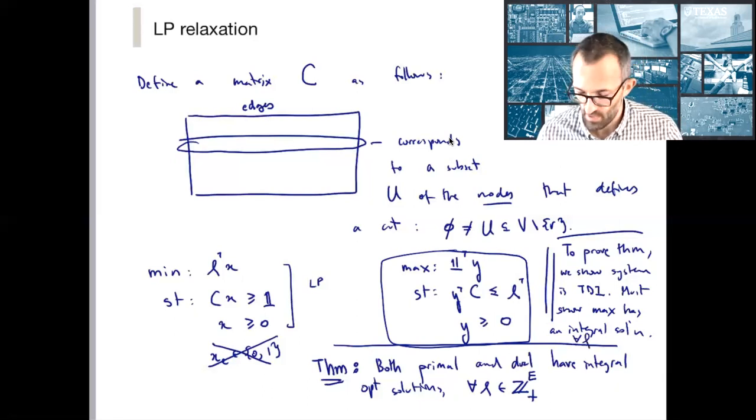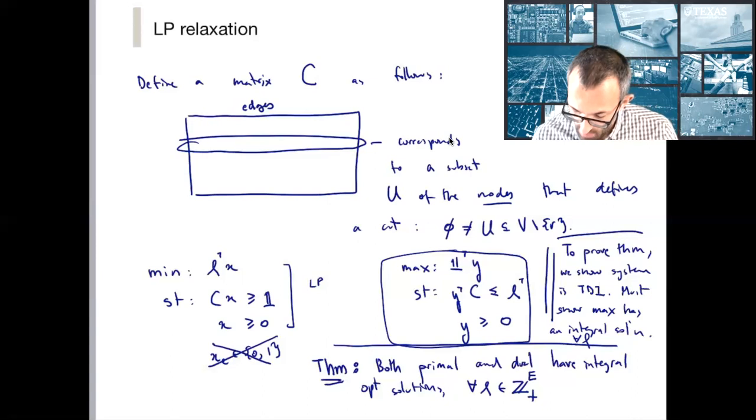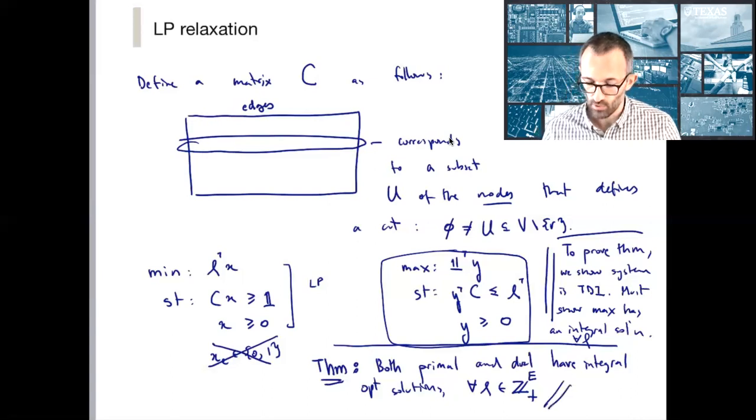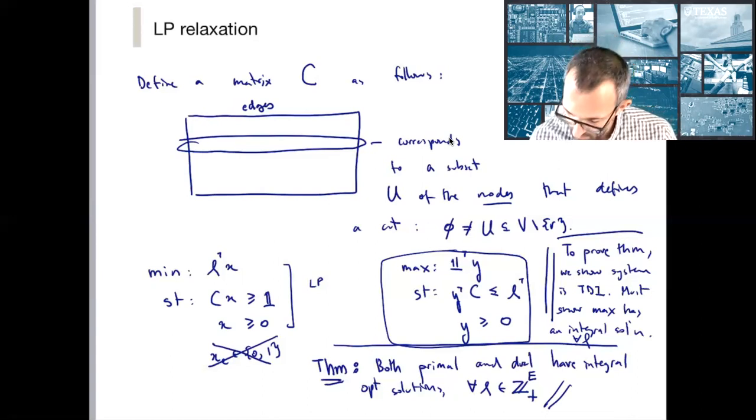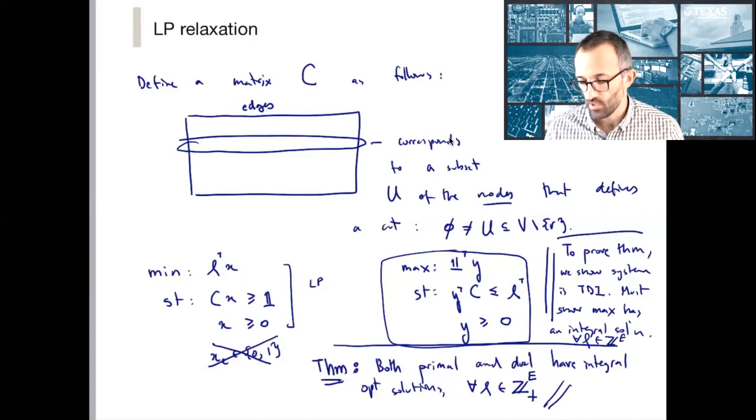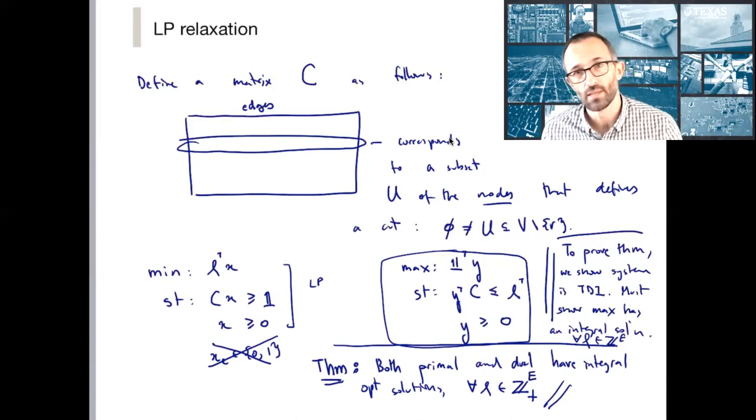Now note one point here. If you recall TDI, I needed to show that the dual has an integral solution for every integral C. But this theorem is only claiming something is true for every L that's positive. This is actually a very easy bridge to cross, because you can easily see that if we do have negative values then the dual is going to be infeasible.